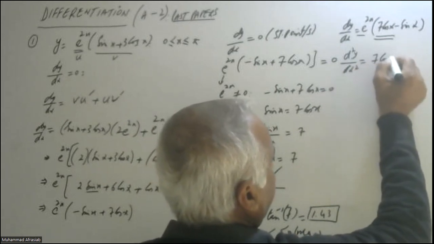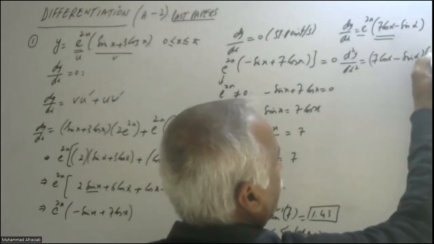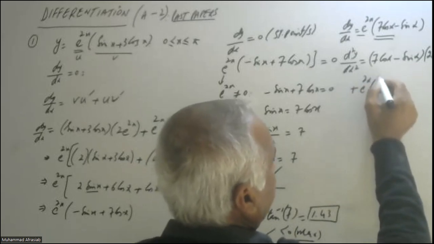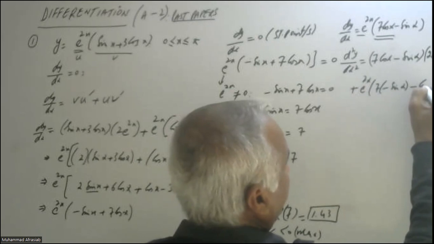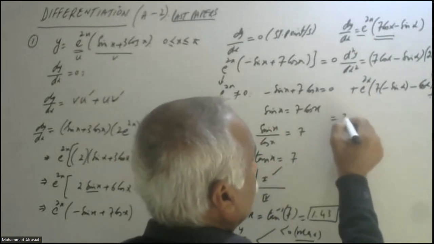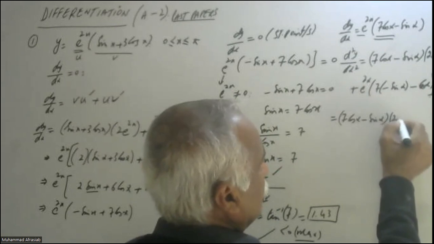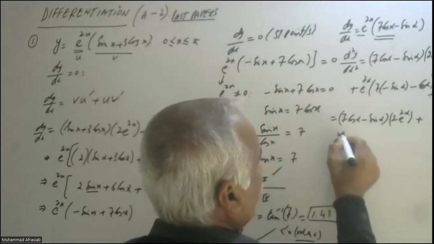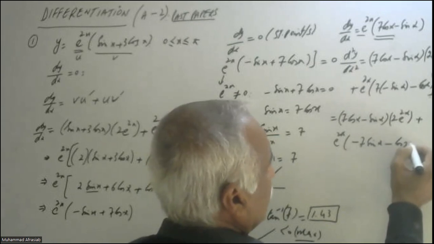So we can write it as 7 cos of x minus sine of x into 2 e power 2x, plus e power 2x into the derivative, which is minus 7 sine of x minus cos of x.